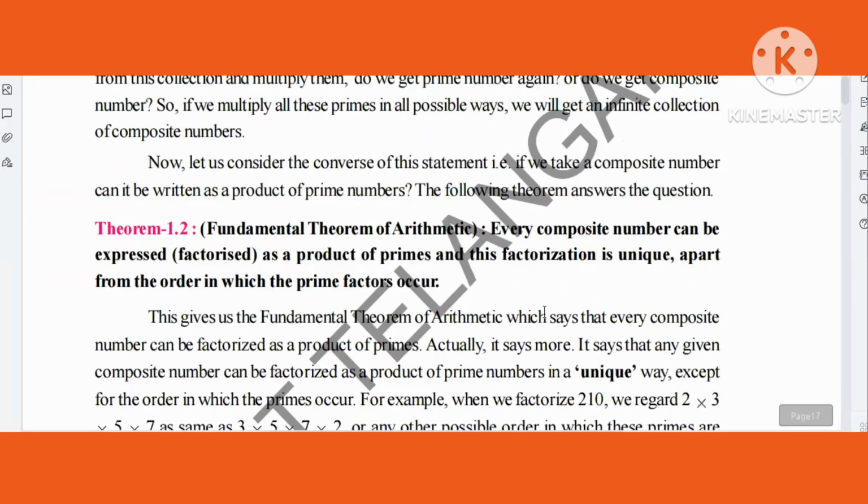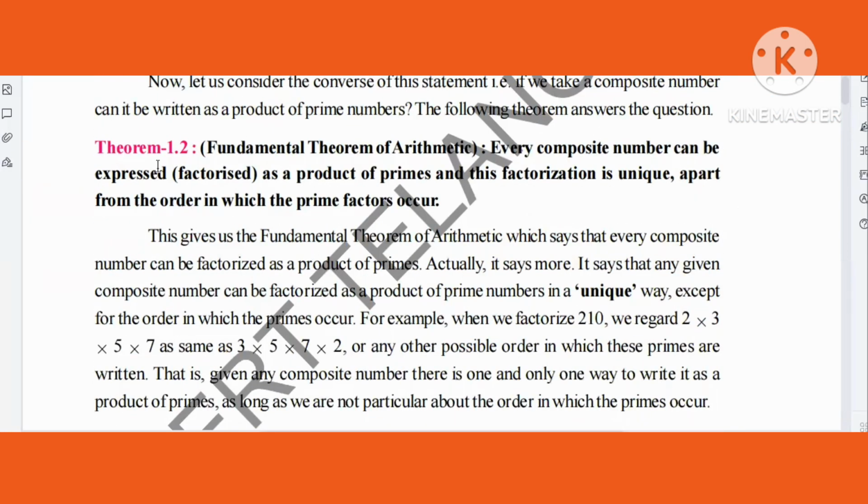See this Theorem 1.2. You know that Theorem 1.1 is Euclid's division algorithm. Now this is Theorem 1.2, the fundamental theorem of arithmetic. Every composite number can be expressed as a product of primes, and this factorization is unique.